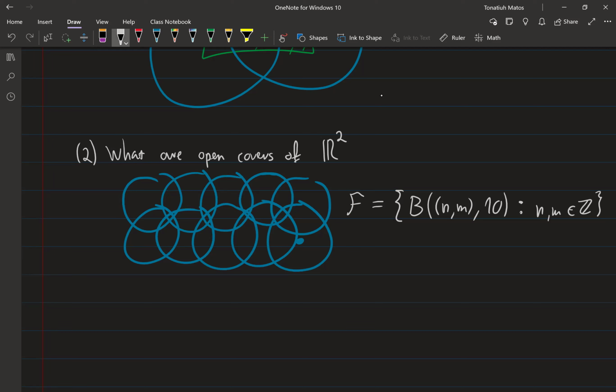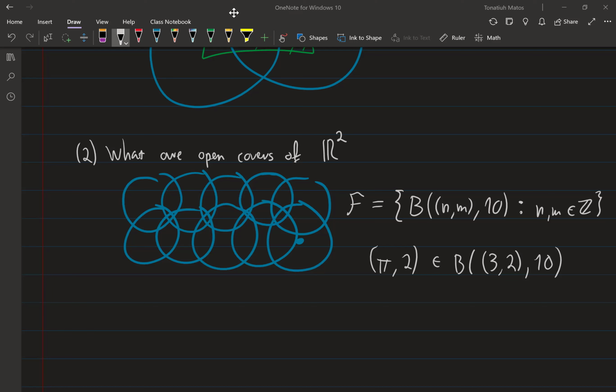And this is an open cover because each open ball is an open set. We mentioned that, maybe didn't really prove it very explicitly, but I did tell you how to prove it. And it covers every point, right? Every point is in some of these balls, even those points that aren't integer coordinates. The point (pi, 2) is inside the ball centered around, hopefully I get this right, (3, 2) of radius 10, it's definitely in there.